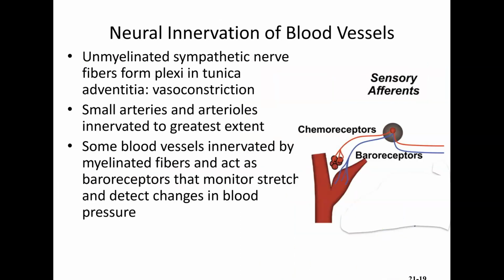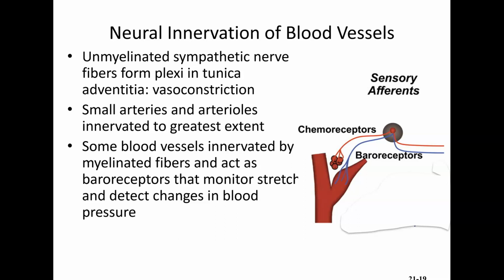Now, we've also mentioned that we need a nerve supply to our blood vessels as well. So these are going to be unmyelinated sympathetic nerve fibers that form a plexus in the tunica adventitia. That was our last layer of our blood vessels.